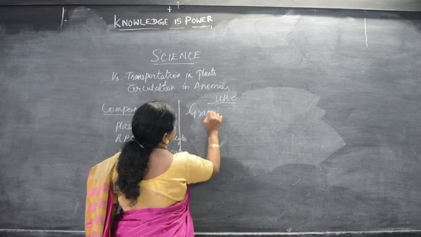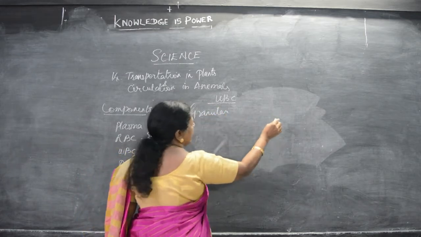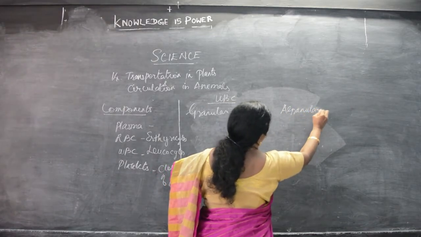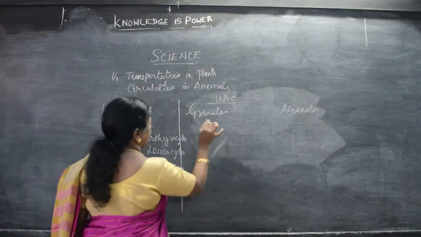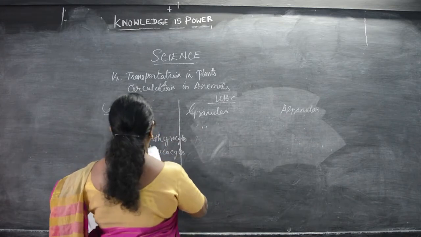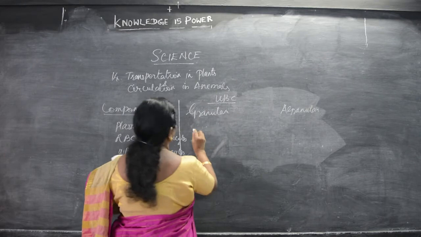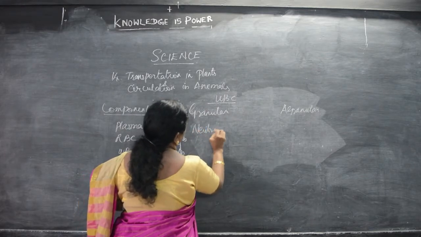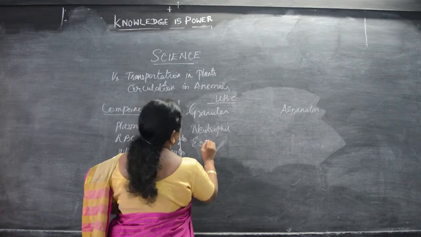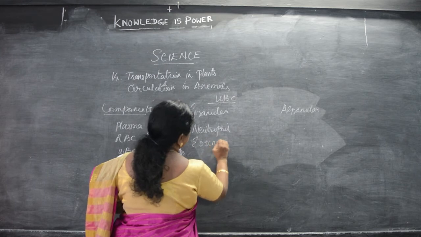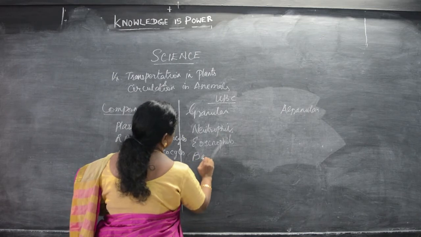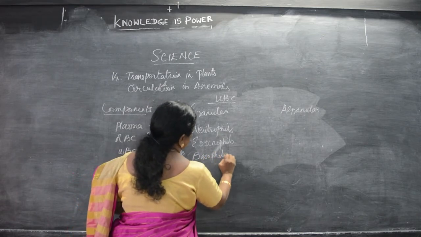Granular, agranular. In granular cells you can see dots like this. So, this is granular. What are the granulocytes? Neutrophils, eosinophils, and basophils.